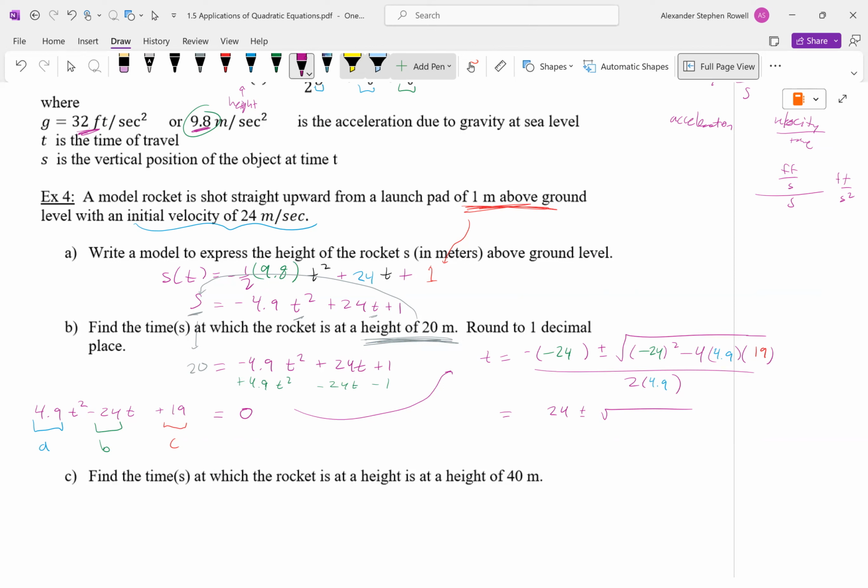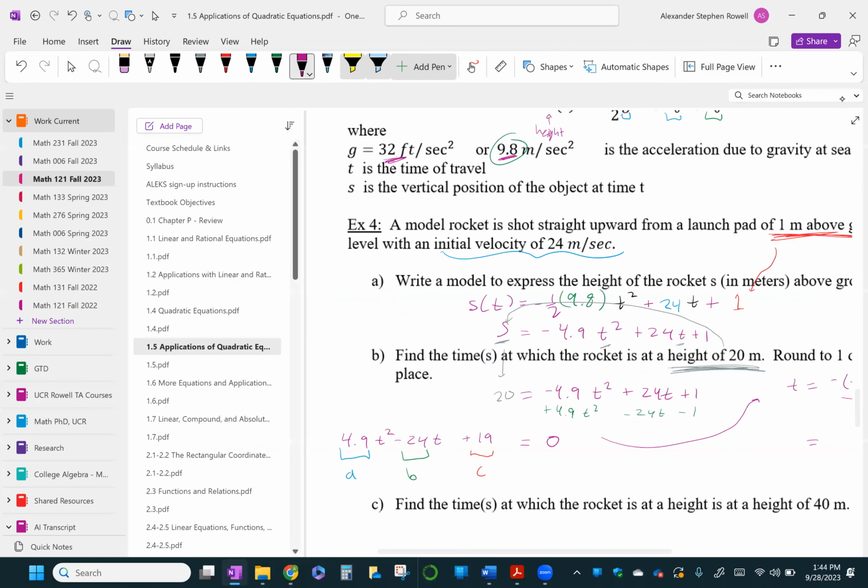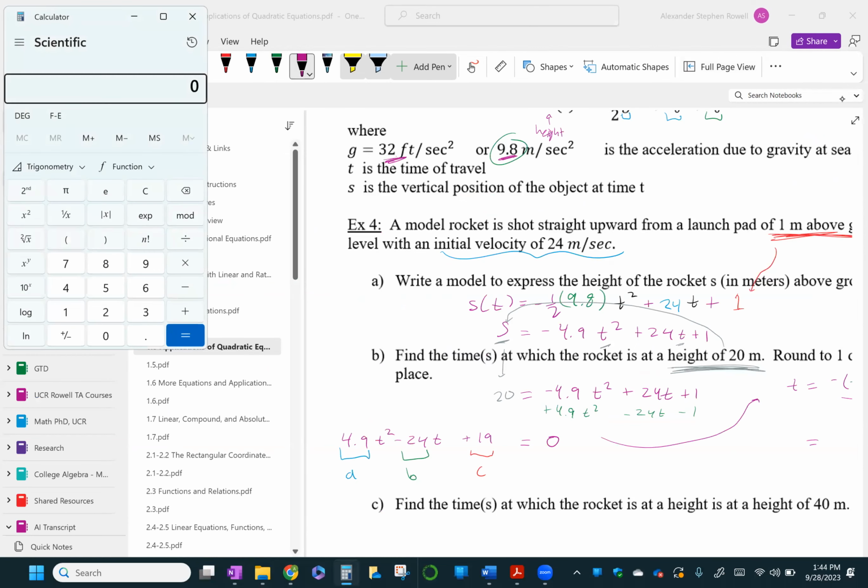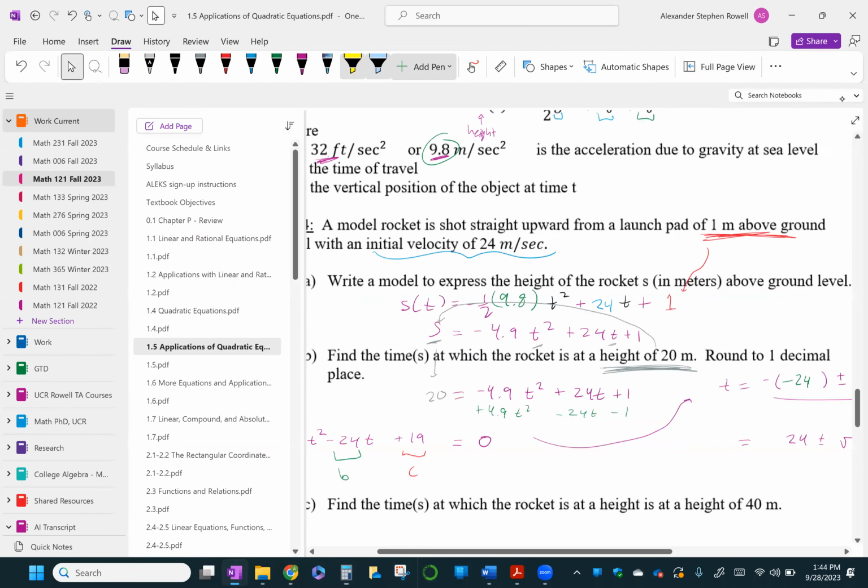Did you plug in your calculator? What do you get? Will you make me pull out my calculator? Or who's making who?